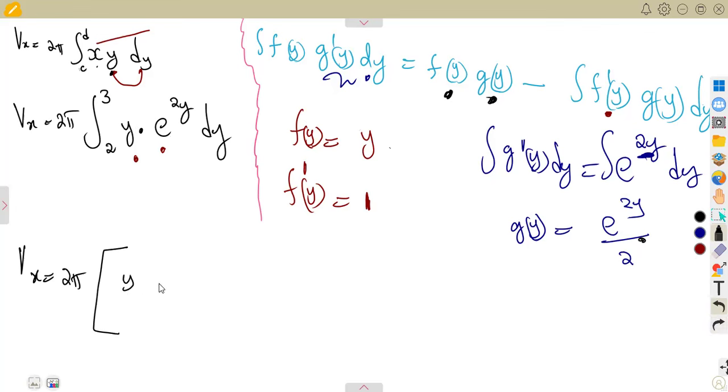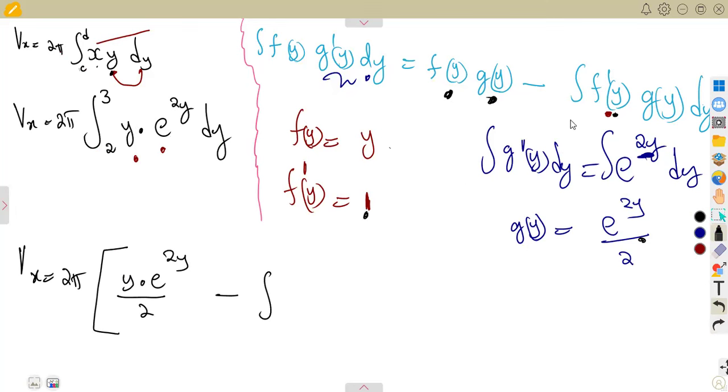So this one is just like y e to the exponent of 2y, everything over 2, minus, in this case, so what are we supposed to subtract? We're supposed to subtract the integral of f prime y, the first derivative, which is 1, times g of y.